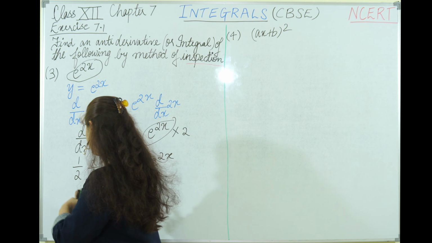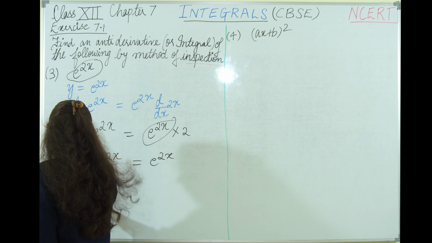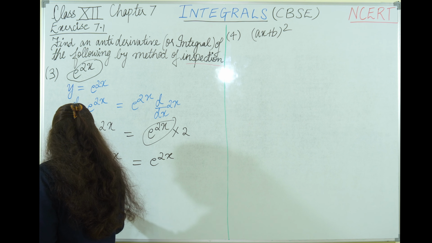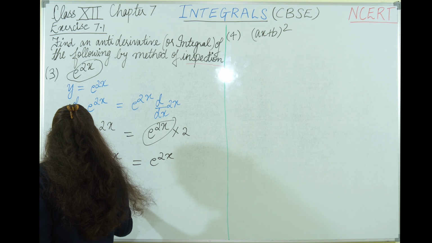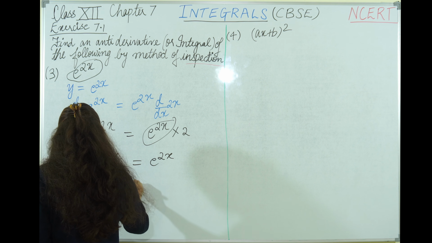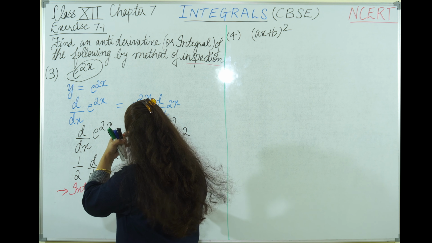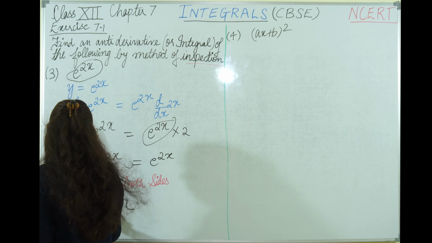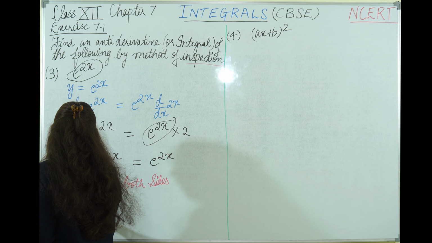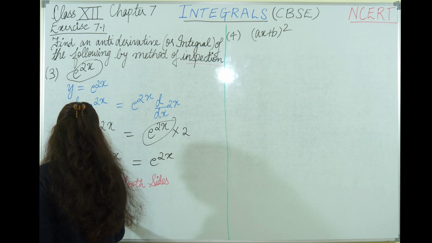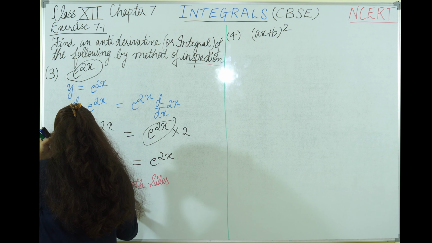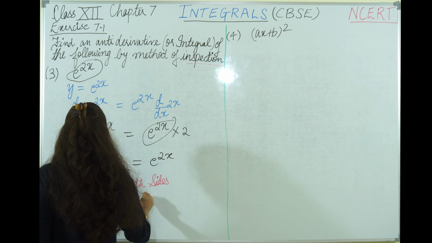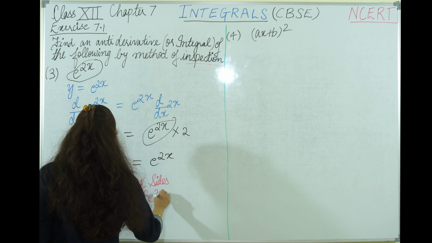We can also find this by integrating both sides. So we'll be getting 1 upon 2 integration of d over dx of e to the power 2x equal to integration of e to the power 2x.